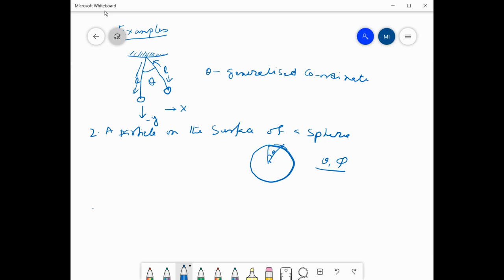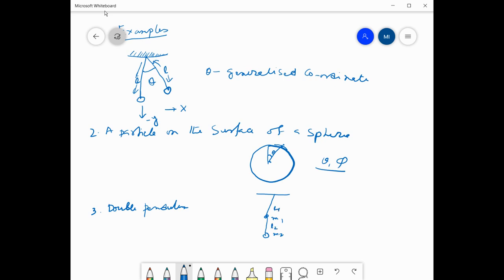Number three, I can give you another example. Say a double pendulum. You know the double pendulum? Actually, two pendulums are there, L1 and L2.